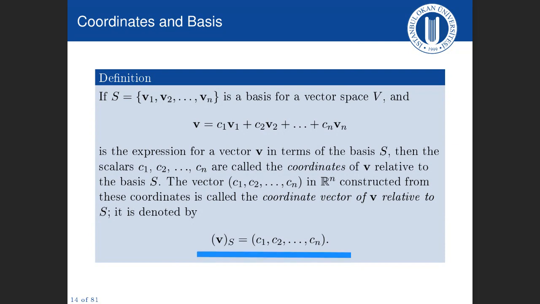Round bracket v, round bracket, subscript capital S is equal to, and then we have this row vector.